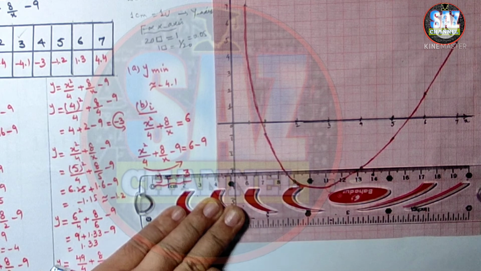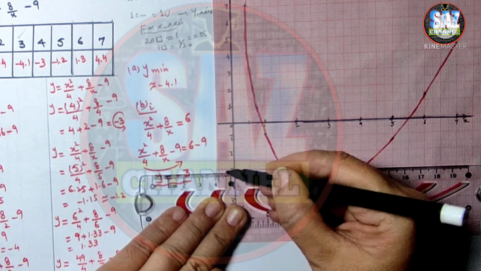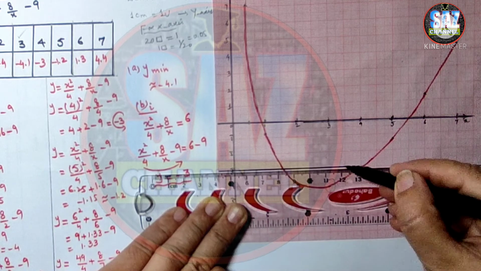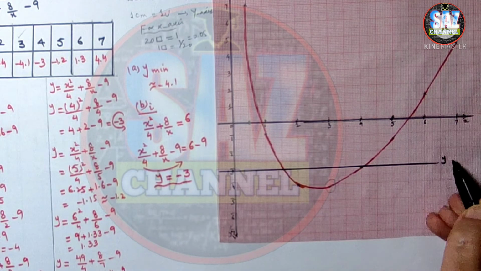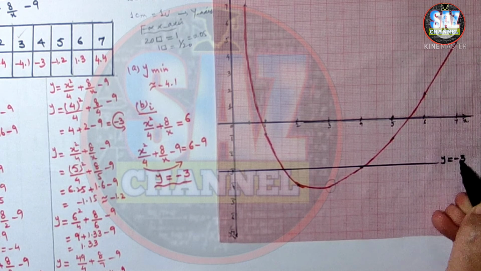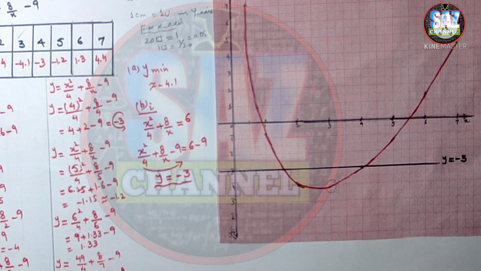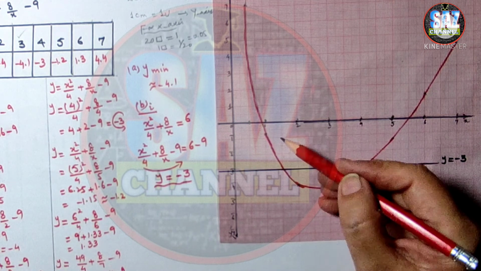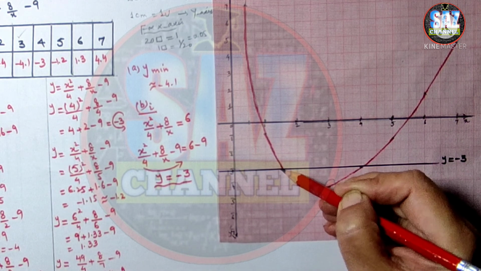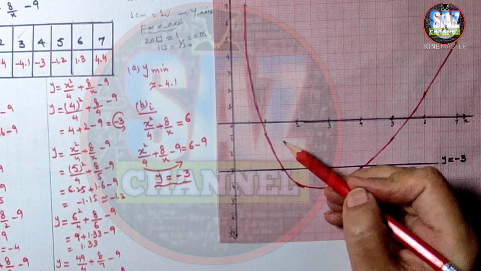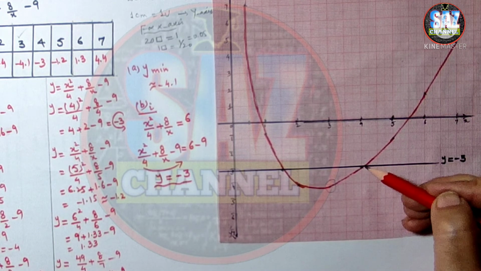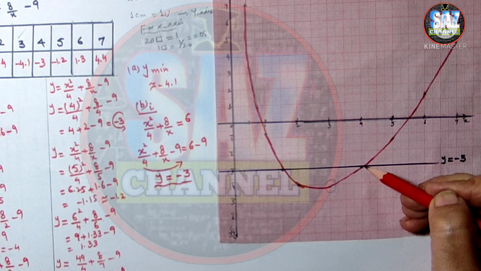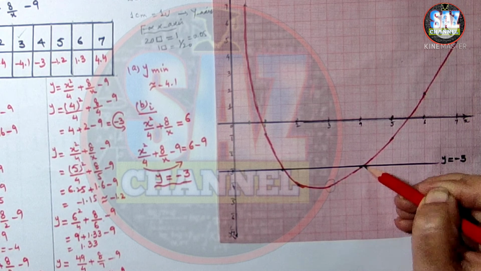Now you can see that the line is meeting the curve at two places, and one of the places is right in between 1 and 2. This is x is 0.5, and the other place where this line is cutting is approximately 4.1.